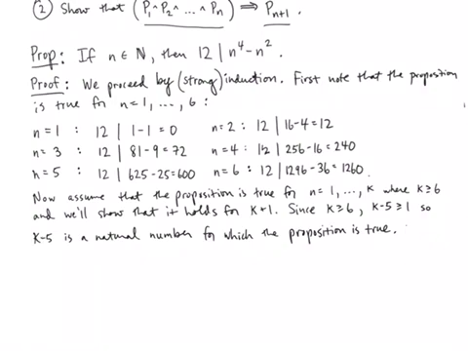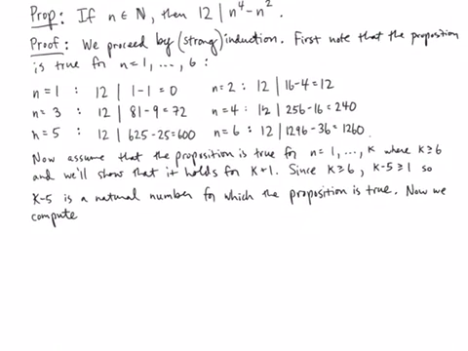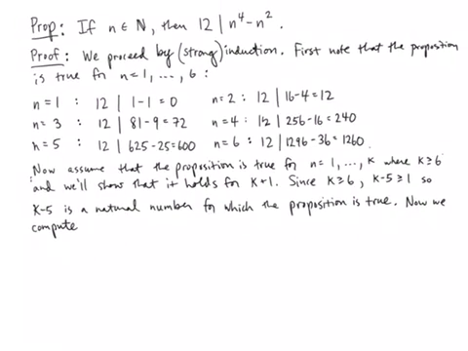Okay, so now we compute what we compute is the quantity where n equals k plus 1. So we look at k plus 1 to the 4th minus k plus 1 squared. And right, we're going to relate this to k minus 5.